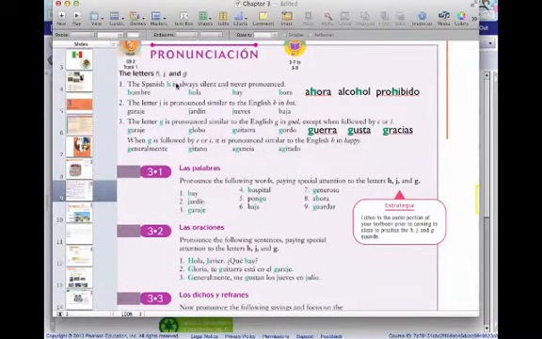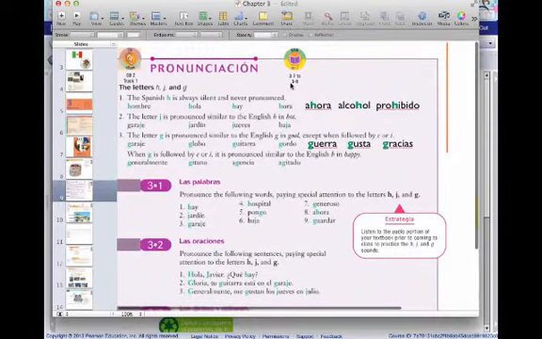In Spanish, H is always silent, okay? It's never pronounced at the beginning of the word or in the middle of the word, like hombre, hola, hay, hora, ahora, alcohol, prohibido, okay? So it's always silent.